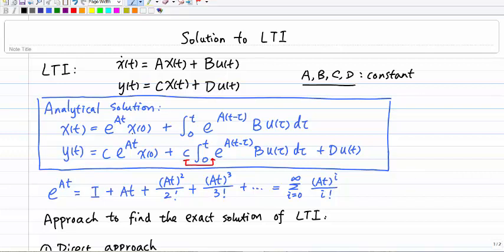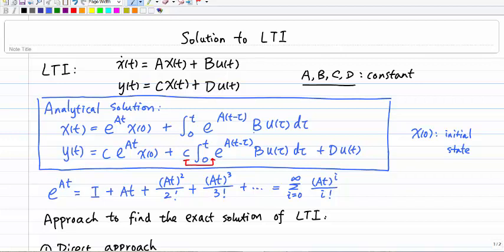I want to emphasize that x0 is the initial state, or initial condition, plus the integration from 0 to t of e to the A times (t minus tau) B u(tau) d tau.